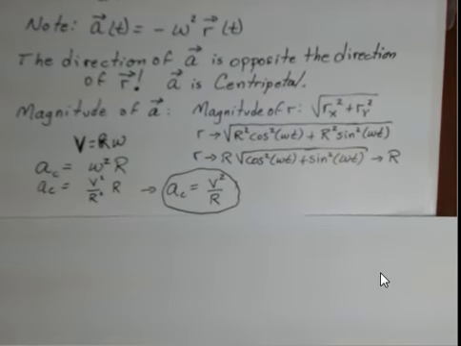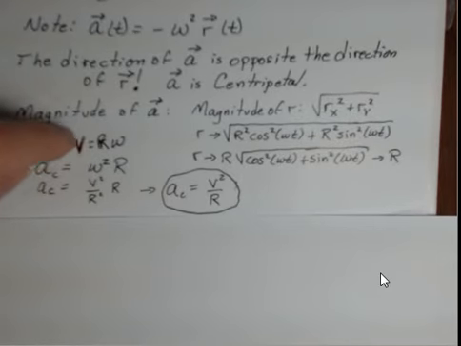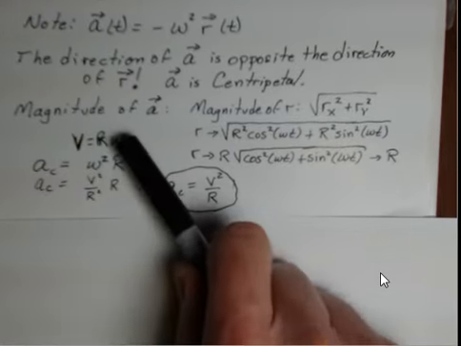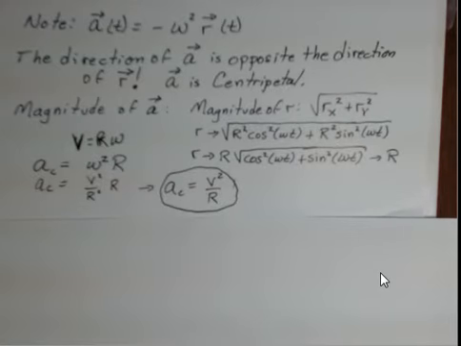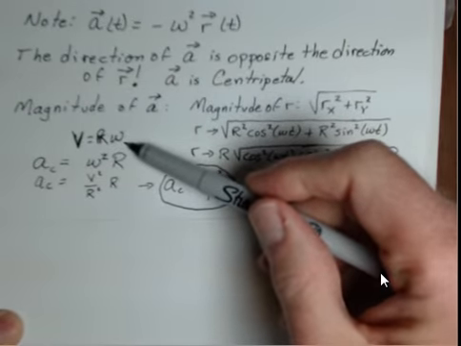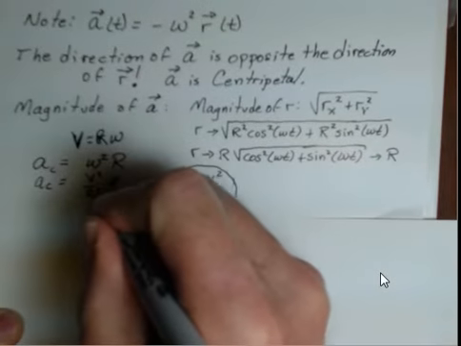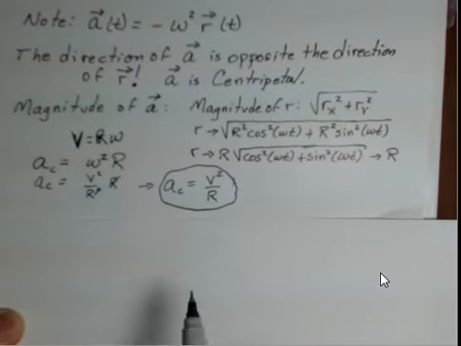I'm going to substitute in and replace omega squared with v squared over r squared. If you solve this equation for omega, you get v over r. If you square that, you get v squared over r squared. And then down here, one factor of the r cancels, and I'm left with the formula for centripetal acceleration.